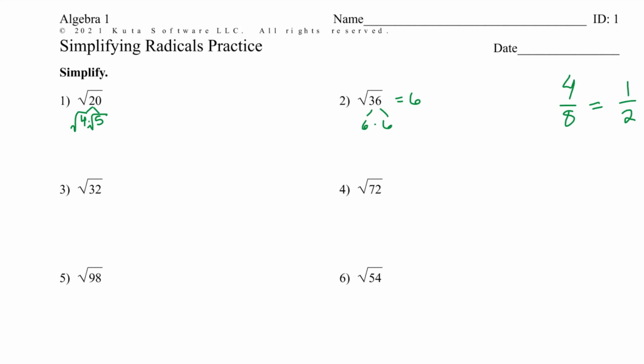And so if we're able to split it up like this, which we are, then we can take the square root of 4, which gives us 2, and then next to it we just leave the square root of 5 because square root of 5 not only does not square root evenly, but also is a prime number and doesn't have anything else in it that we could possibly square root without resorting to our calculator. So square root of 20 simplified is 2 square roots of 5.